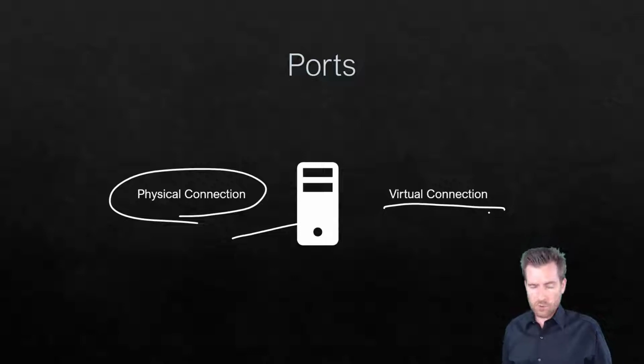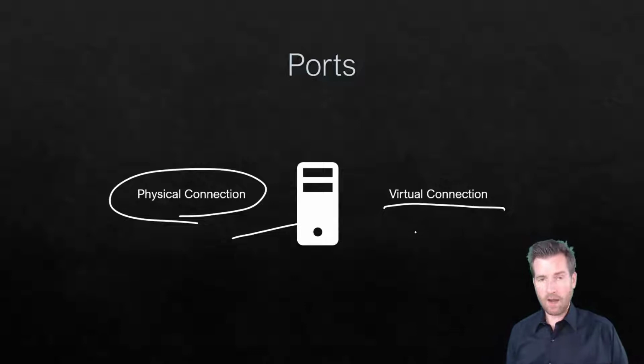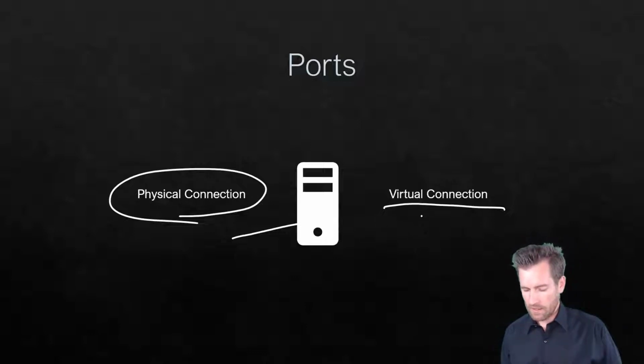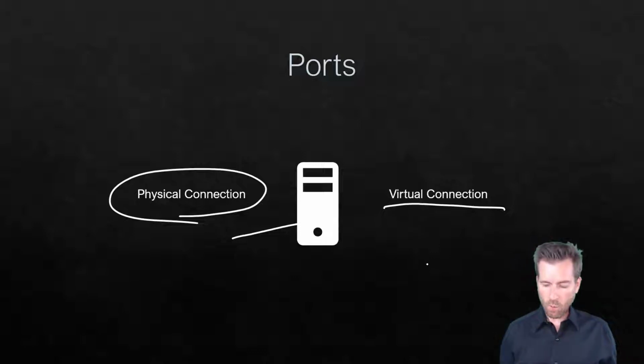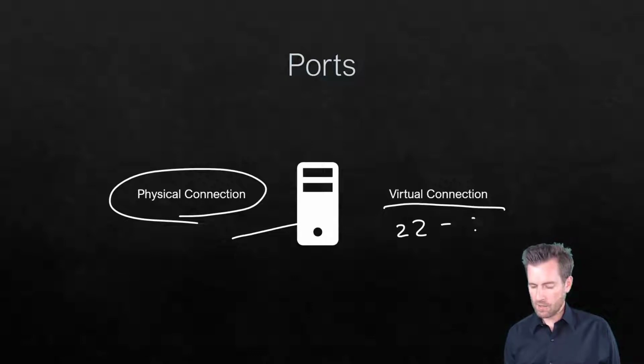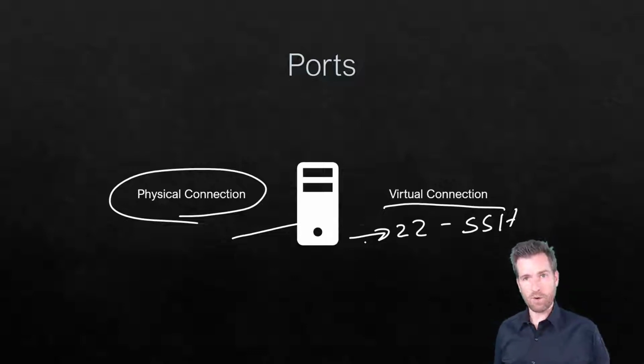These virtual ports, which we just call ports, are numbers that we associate with certain services. For example, port 22 is associated with SSH. So when it's connecting into port 22, it's trying to access that SSH service.